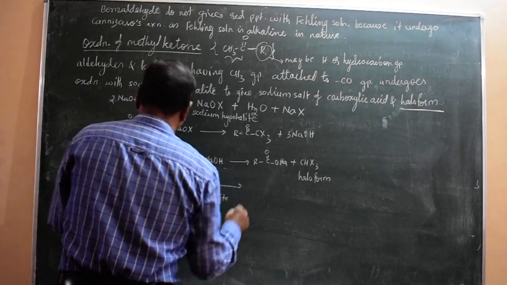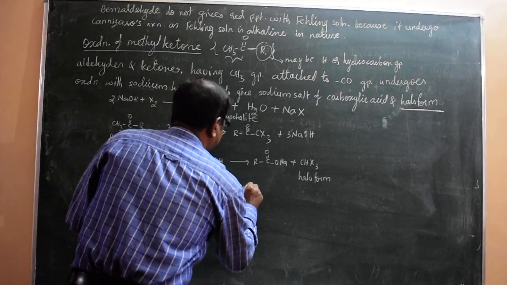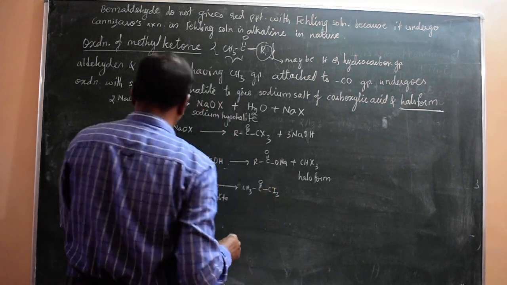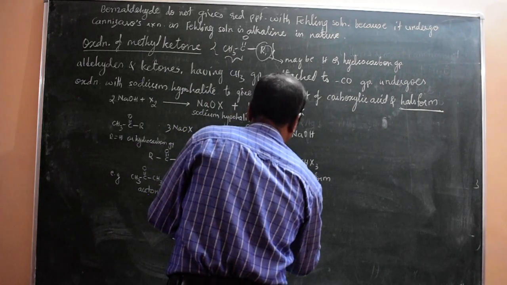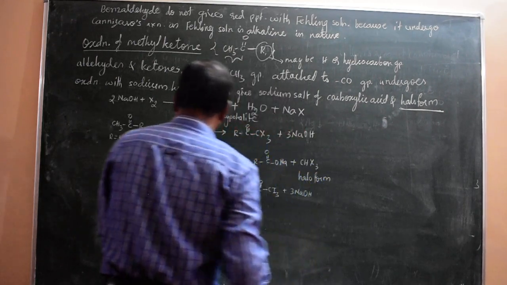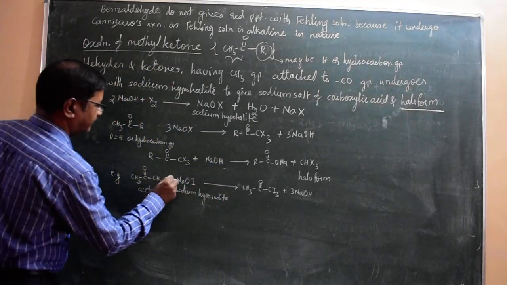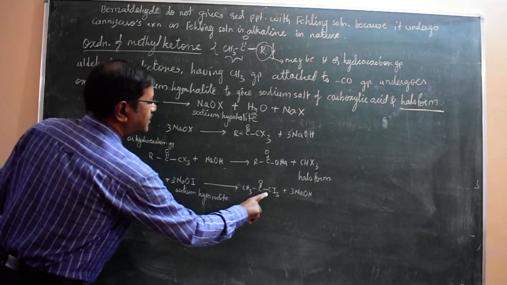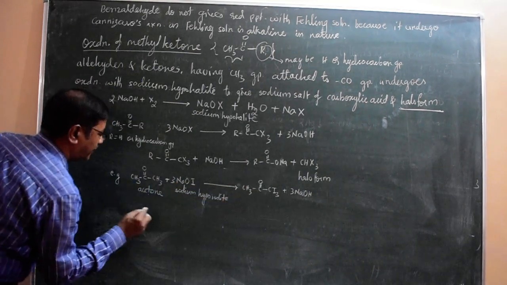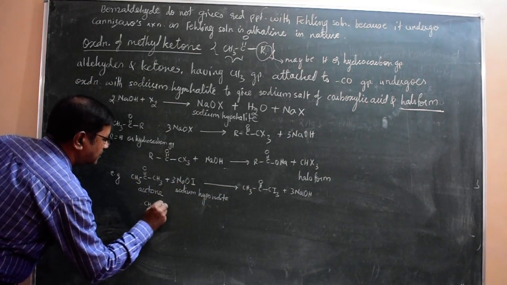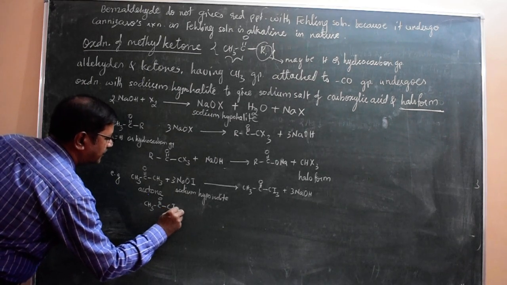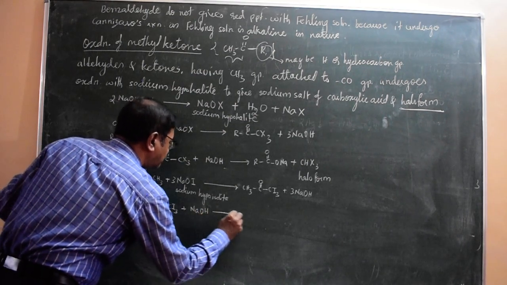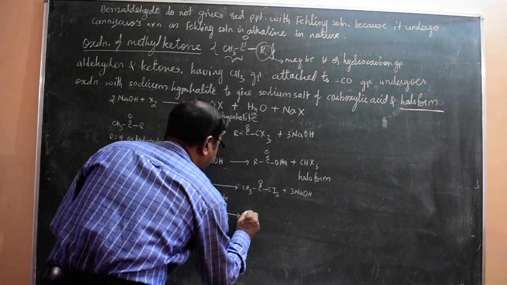So the product is CH3 C double bond O CI3 plus 3 NaOH. One of the CH3 groups changes to CI3. Afterwards this one undergoes hydrolysis. CH3 C double bond O CI3 plus NaOH. The product is the sodium salt of the carboxylic acid.